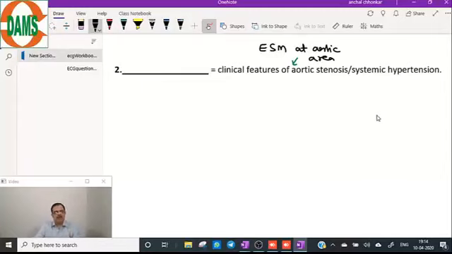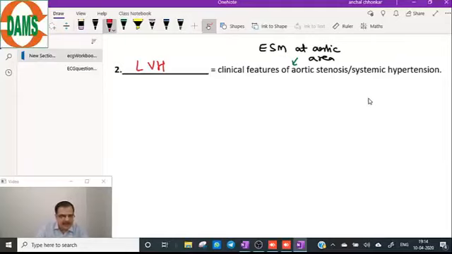So remember, always start with the clinical information. Do not go for the ECG straight away. This clinical information, aortic stenosis and systemic hypertension, will give us an option of left ventricle hypertrophy. So first we will think of left ventricle hypertrophy, so there will be LVH.